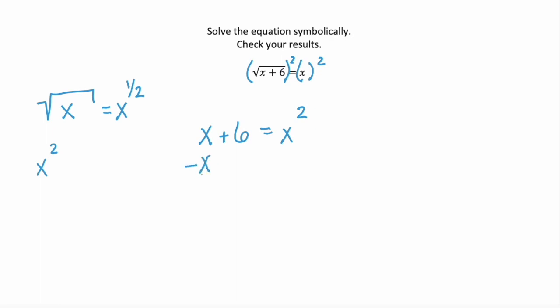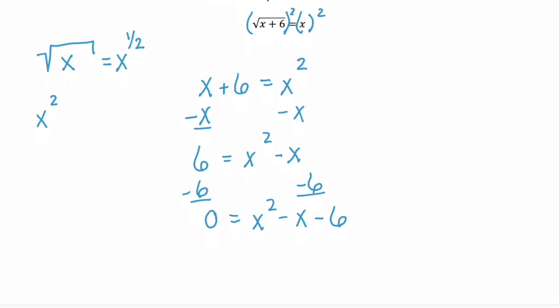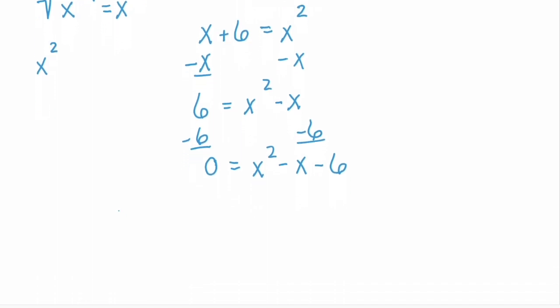So I'm going to subtract x. So 6 equals x squared minus x. Then I subtract 6. So 0 equals x squared minus x minus 6. Or, because it's an equal sign, x squared minus x minus 6 equals 0.